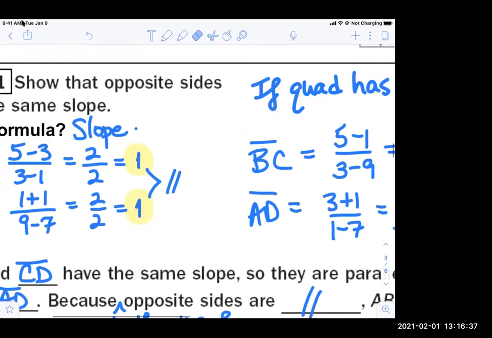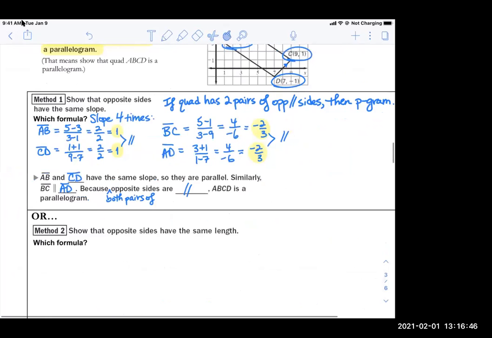We're doing slope 4 times here. Let me write that. Because if you stop after you just show one pair of parallel sides, then it might just be a trapezoid. You've got to make sure you do 4 slopes on the 4 sides. All right, that's method 1. That's option number 1, or that might be the way I tell you to do this on the next quiz.